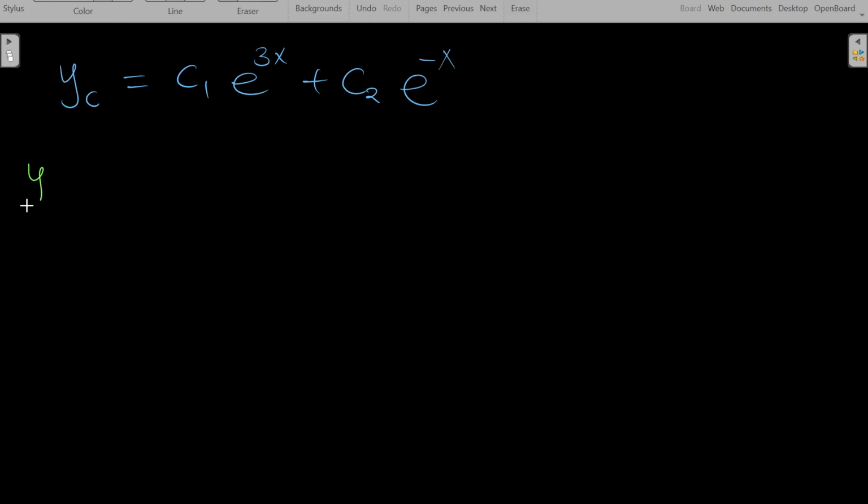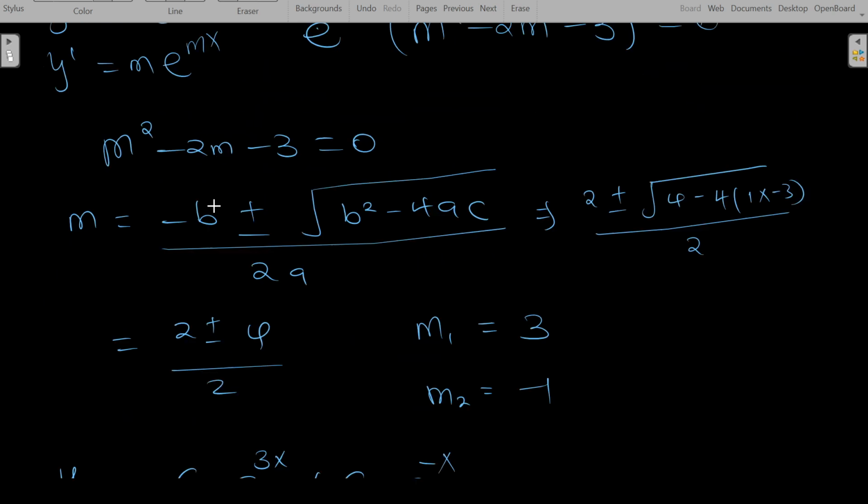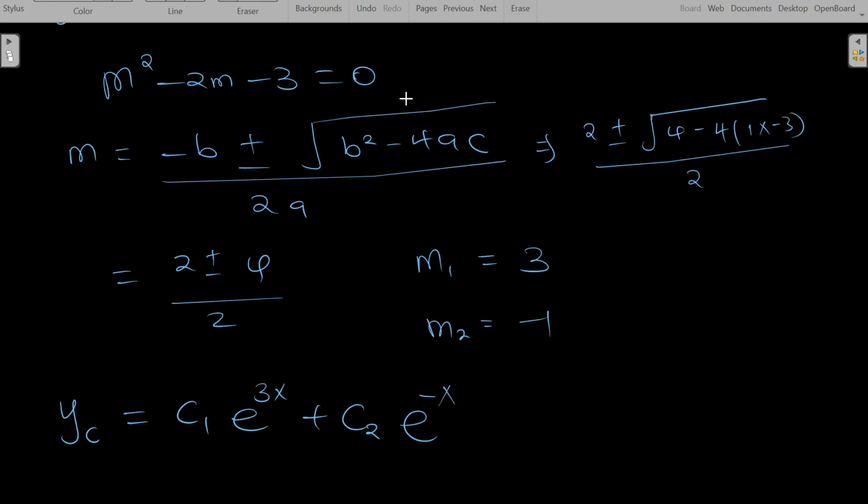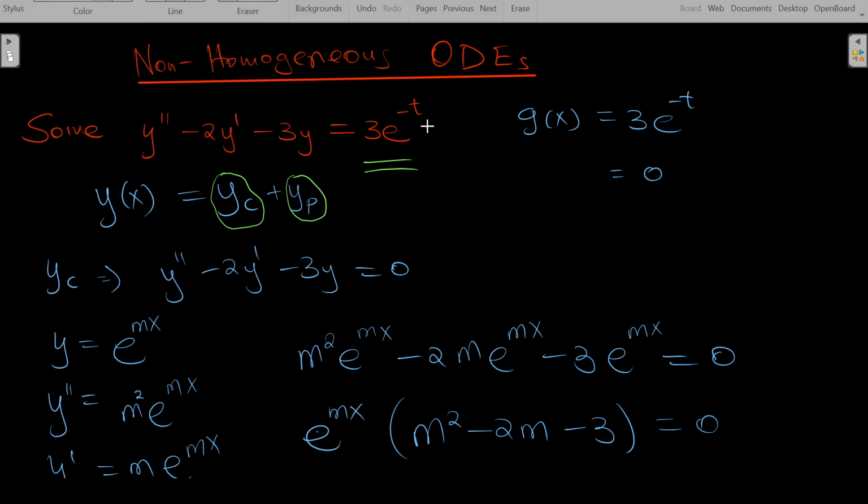If my forcing function is an exponential, I'll choose yp to be a multiplied by whatever is there. Don't include this constant term 3. So it will be e raised to negative, sorry, what am I doing?